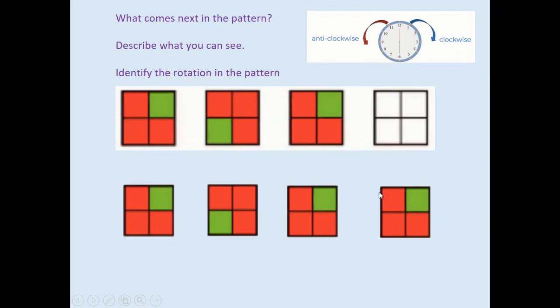They look the same. Now I'm going to turn half a turn clockwise to get my fourth shape in the pattern, and it looks like that. So if you have a look, my fourth shape in the pattern, whether it's half a turn clockwise or half a turn anti-clockwise, is the same.